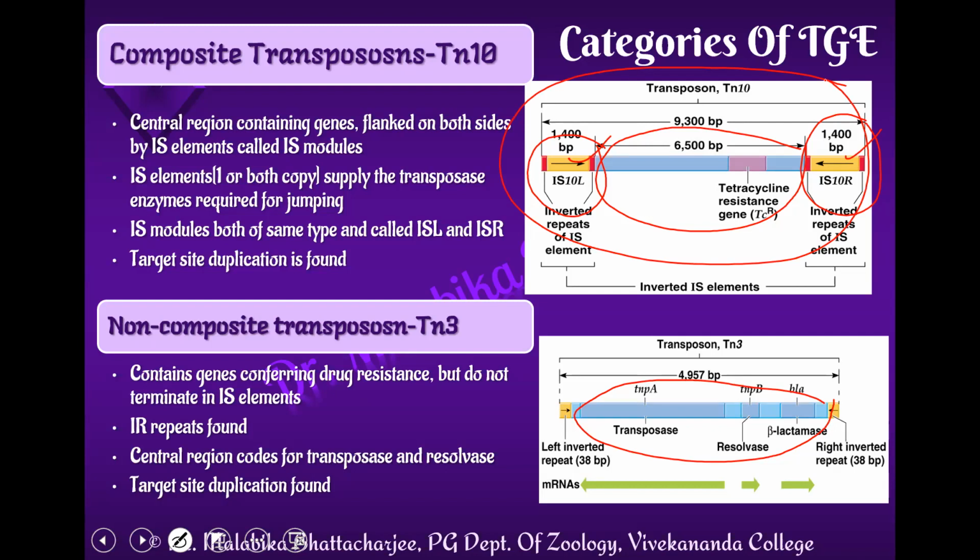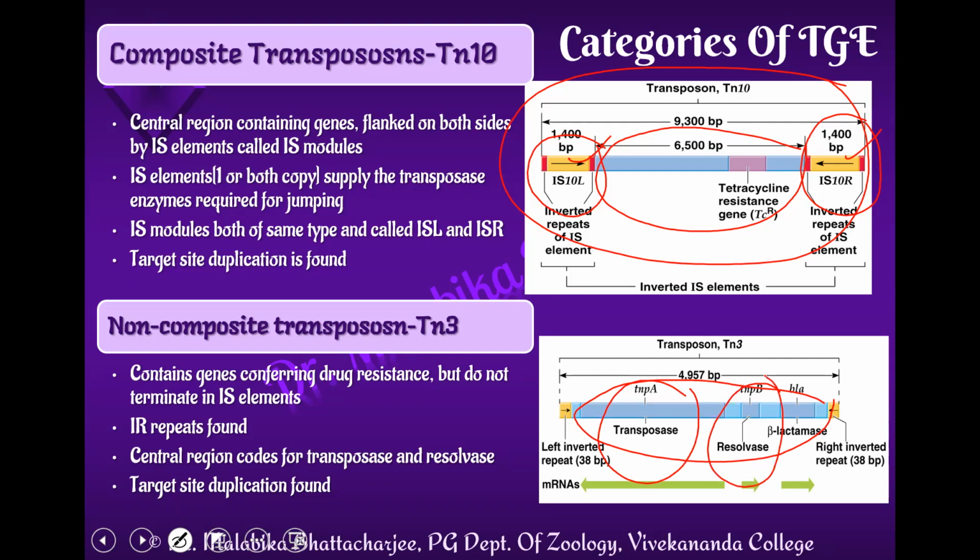When we come to non-composite transposons, you look here, there are no insertional sequences bordering the ends of the DNA. Since these non-composite transposons do not have IS elements at the two boundaries, they need to have their own transposase gene. So as you can see, they have their own transposase gene. They have this resolvase enzyme.